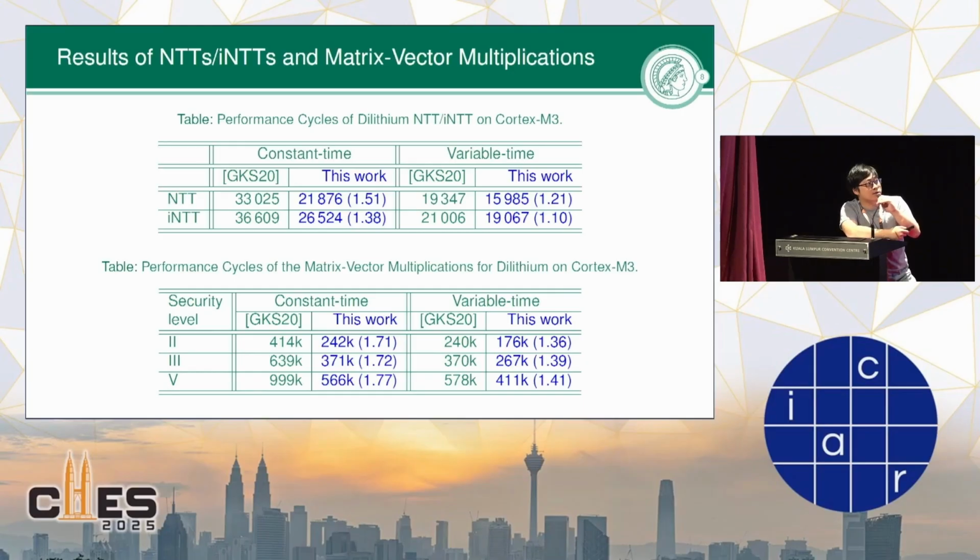After plugging in the optimized NTTs, we also improve the core polynomial arithmetic, matrix-vector multiplications, on Dilithium. In addition to the NTTs, we also plug in the optimizations to the accumulation of the polynomial products and obtain further improvements for the matrix-vector computations.